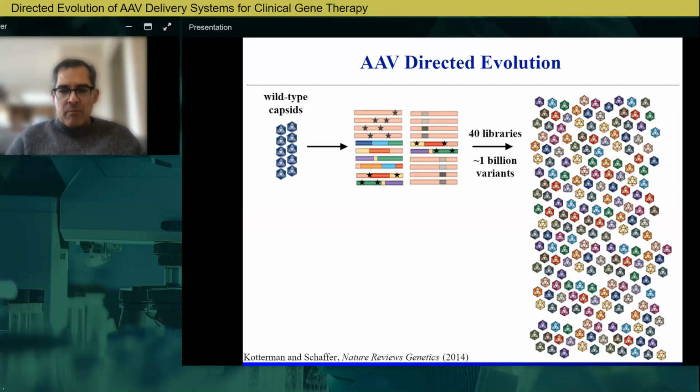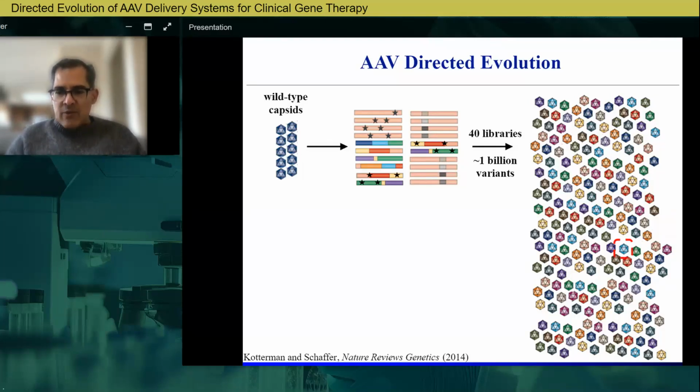That gene pool is then packaged into a library of viral particles, where every single particle is composed of a protein shell surrounding the DNA that encodes that protein shell. You can think of it as each particle being barcoded with its own genome, its own DNA. The size of these libraries is likely in the billions. We've not been able to do enough sequencing to fully capture the size of the library, but it likely exceeds 1 billion.